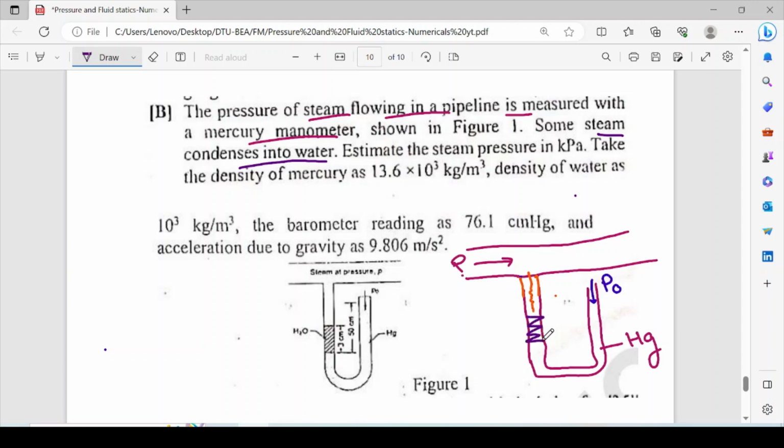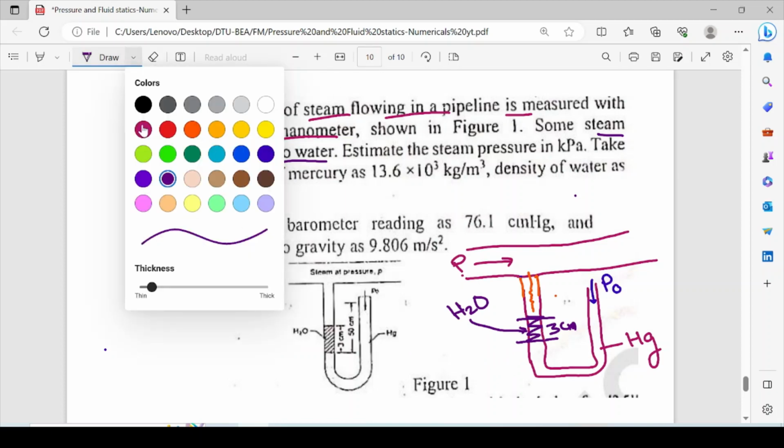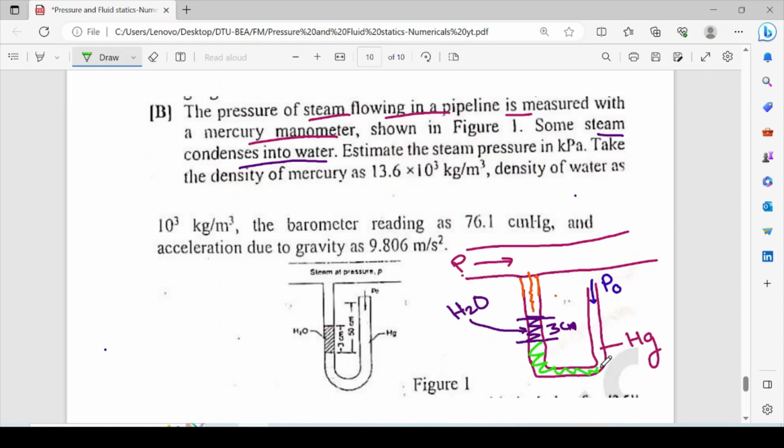Let's suppose that this condensed height is given, that is the water H2, and its height, let's suppose, is 3 centimeter, and this portion is mercury, and this portion is mercury, and this height up to this point from this level is seen in the figure, that is 50 centimeter.